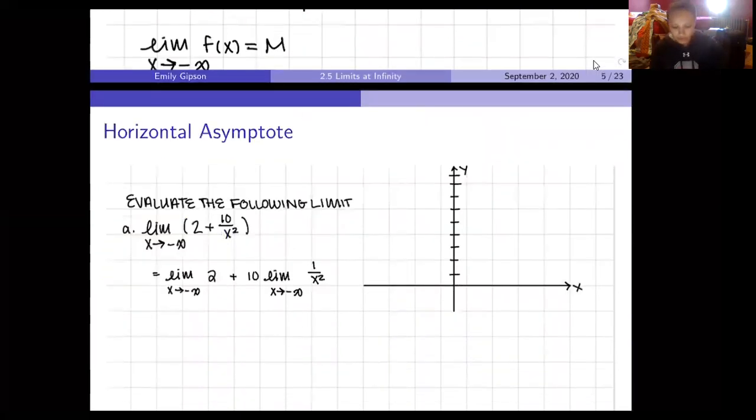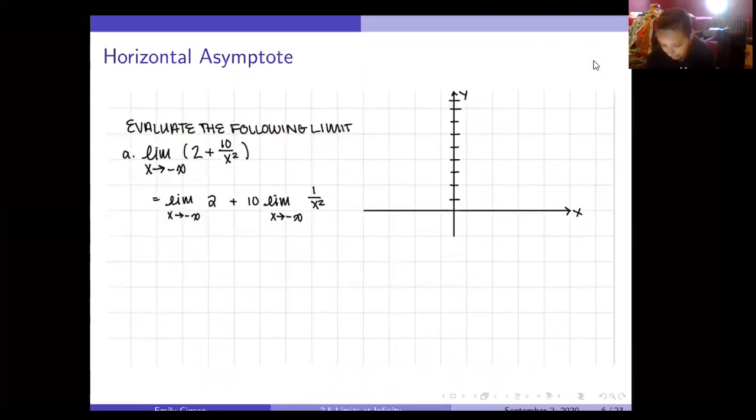So here I want you to evaluate the following limit. And this should just be pretty straightforward. We are going to get a horizontal asymptote in here, and I'll tell you why.